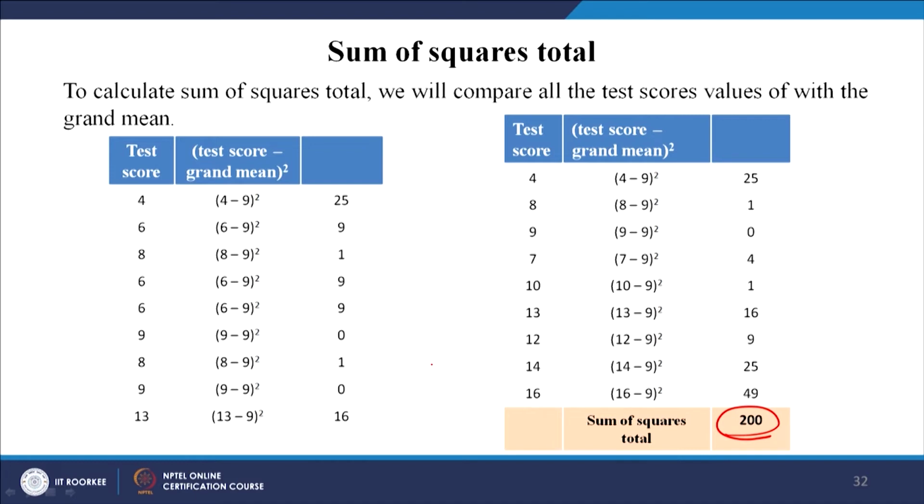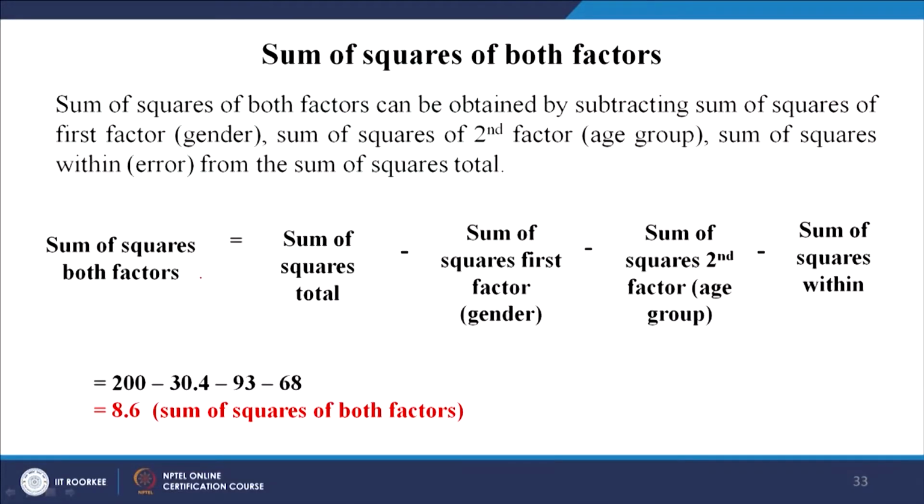Now, the interaction effect: you can just subtract the rest from the total and find the interaction effect. The sum of squares of interaction is equal to the sum of squares total minus the sum of squares of the first factor, gender, minus the sum of squares of the second factor, age group, minus the sum of squares within, right.